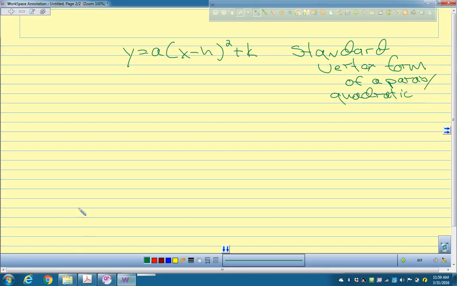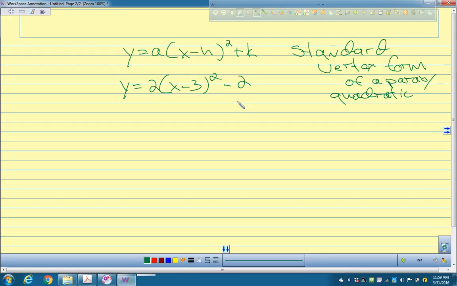So you should be able to tell, for instance, if this is positive, which way does it go? Say I have y equals 2 times (x minus 3) squared minus 2. What does this 2 do to your graph?